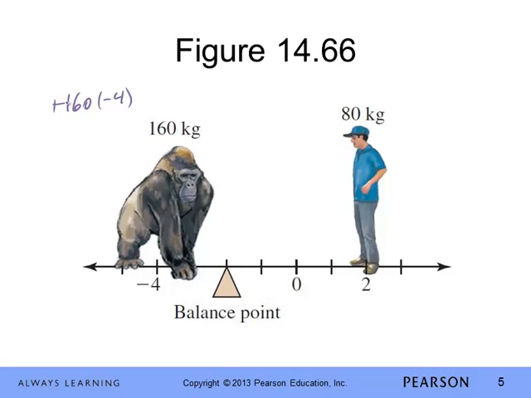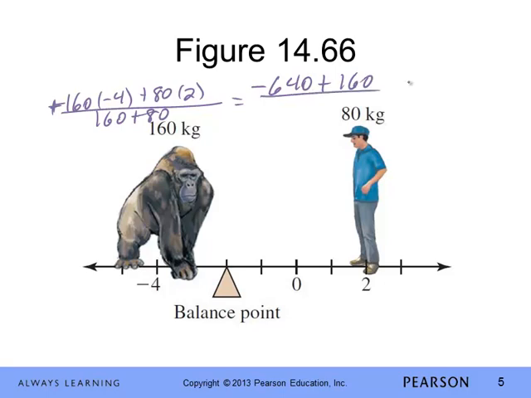Plus the man, which is 80 kilograms times his location at 2, and then divided by the total mass, 160 plus 80. So this is -640 plus 2 times 80, which is 160, divided by the total mass of 240.